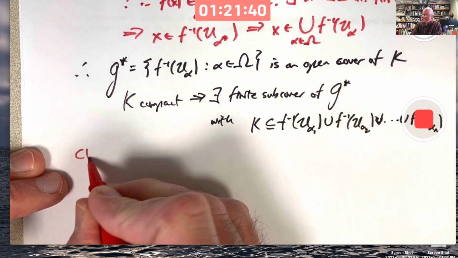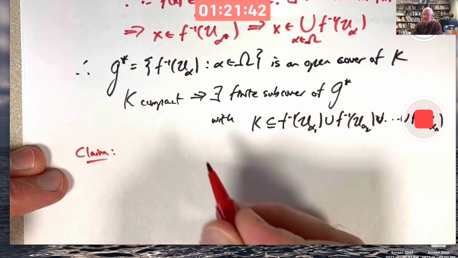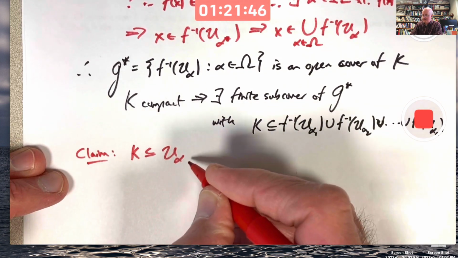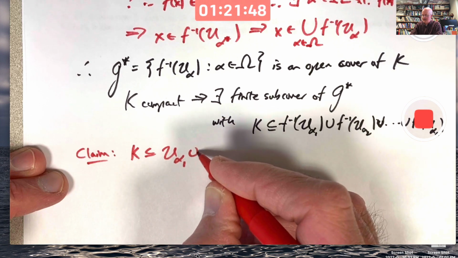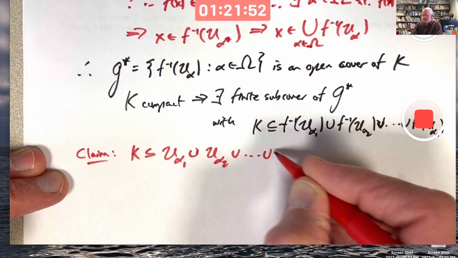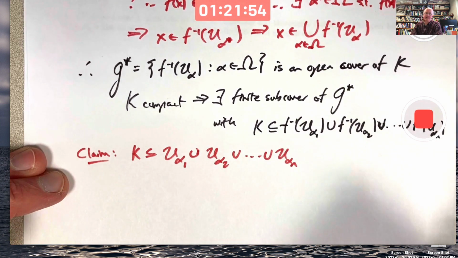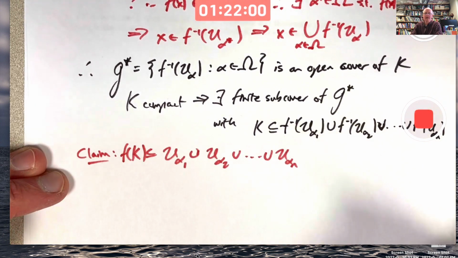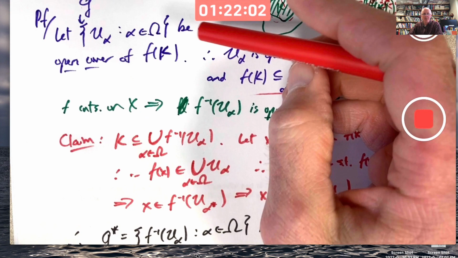Claim: f of K is contained in the union of the U's, this finite union. In other words, these U's form a finite subcover of f of K, of the original open cover.